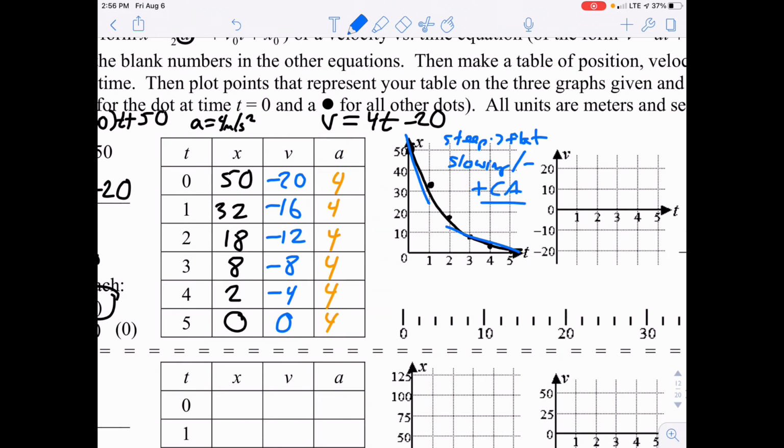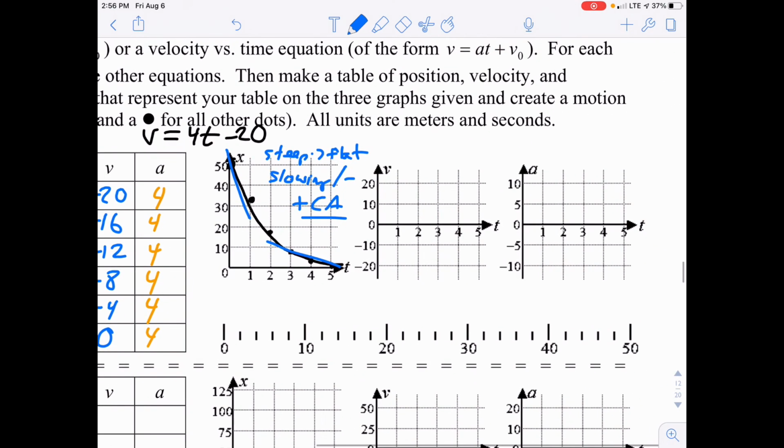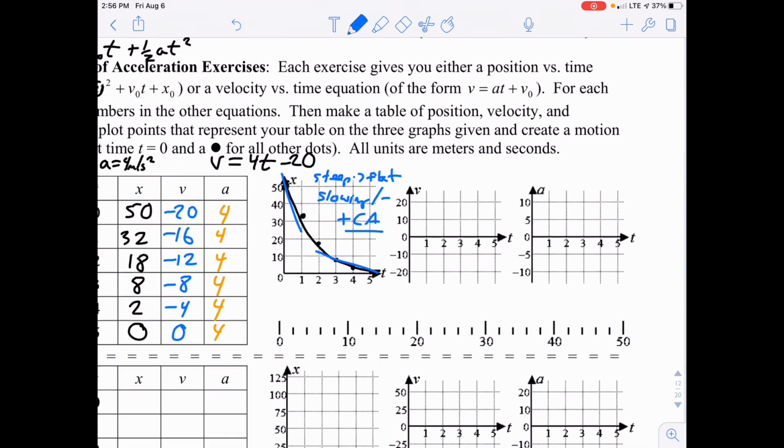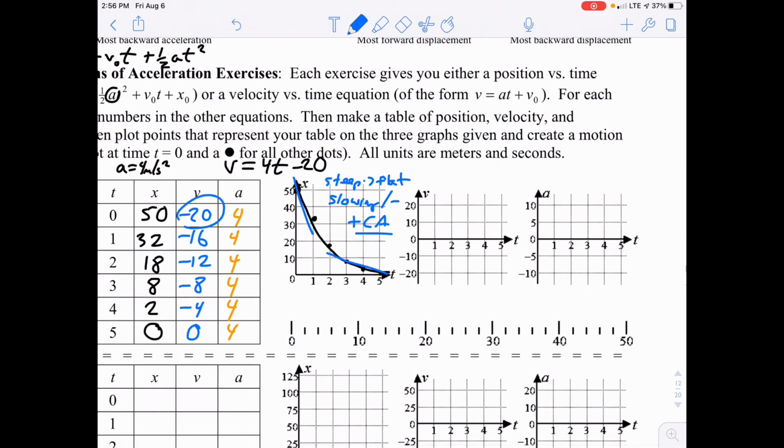That's awesome. Now, this positive constant acceleration needs to translate to a positive slope. So we know that for the velocity initially at time equals 0, we have negative 20. And at 5 seconds, we have 0.